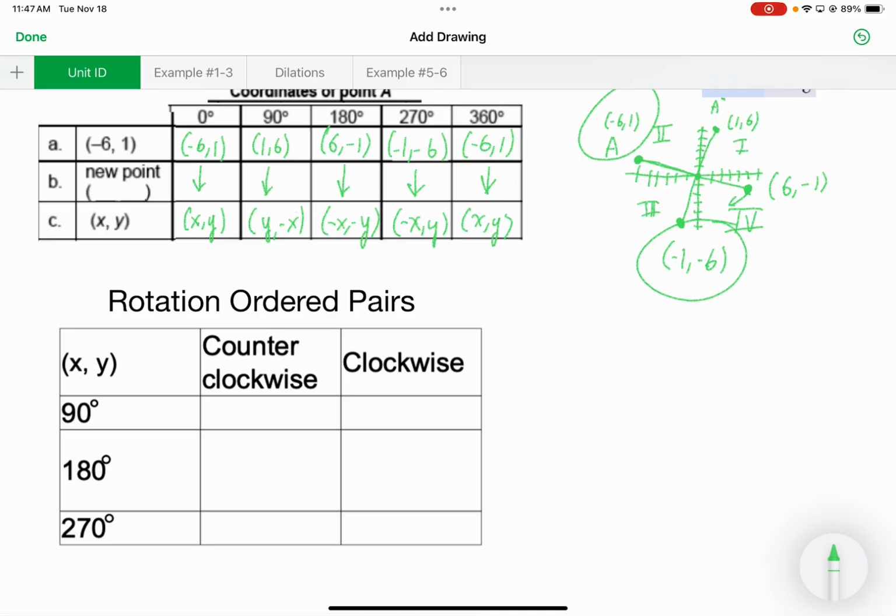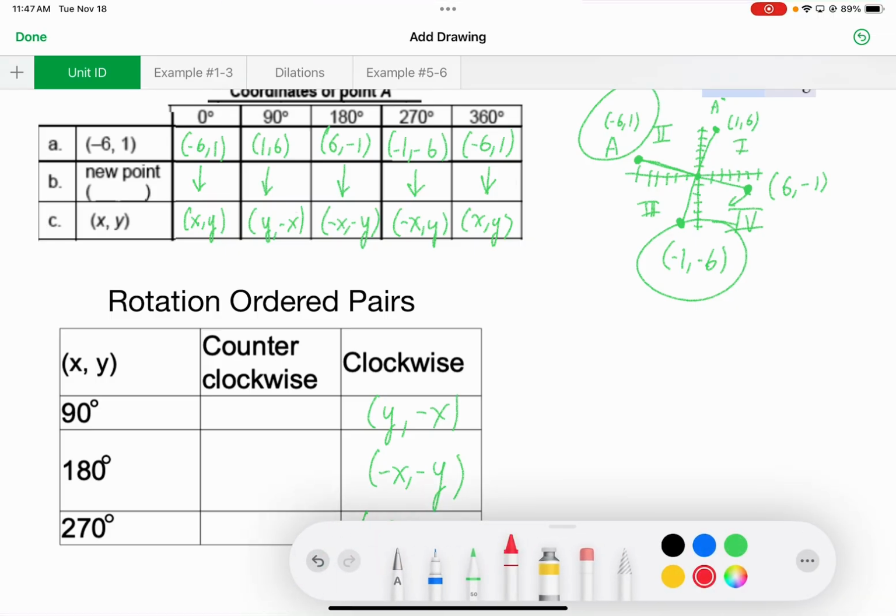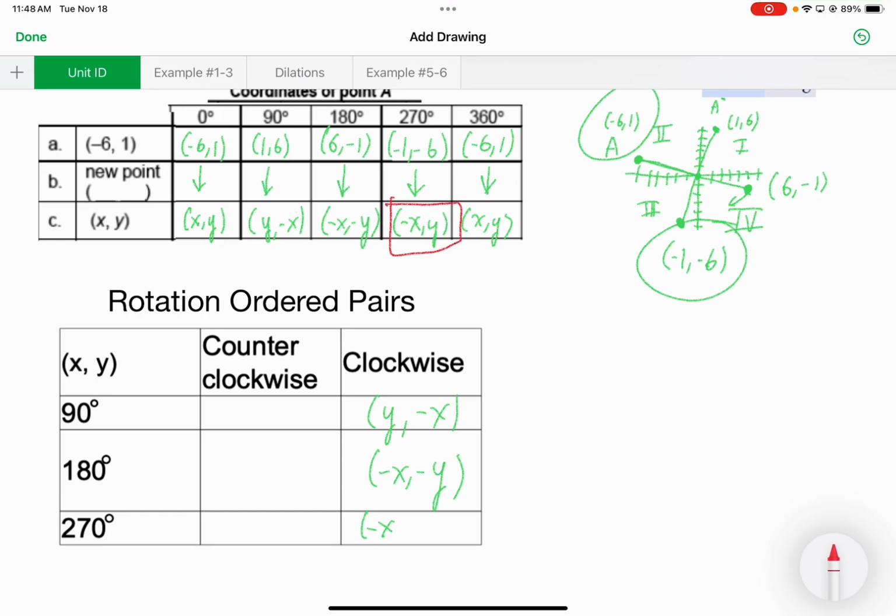So for 90 degrees clockwise, that was the rule y, -x. For 180 degrees, that was -x, -y. And then for 270 degrees, that was -x... No. I messed this up, guys. Hold on. This one right here, I messed that up. I need to change that.